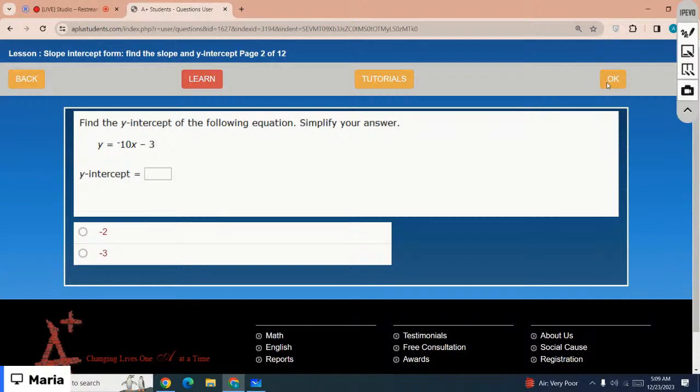Okay, the next one is find the y-intercept of the following equation and simplify your answer. Which is the correct option?